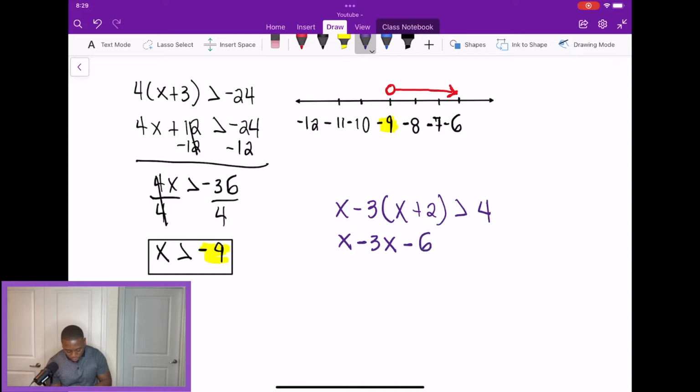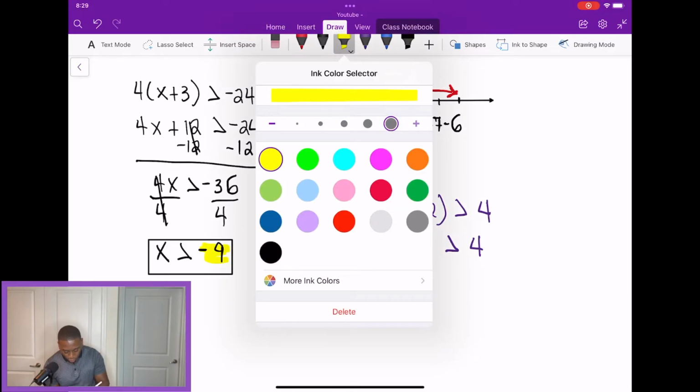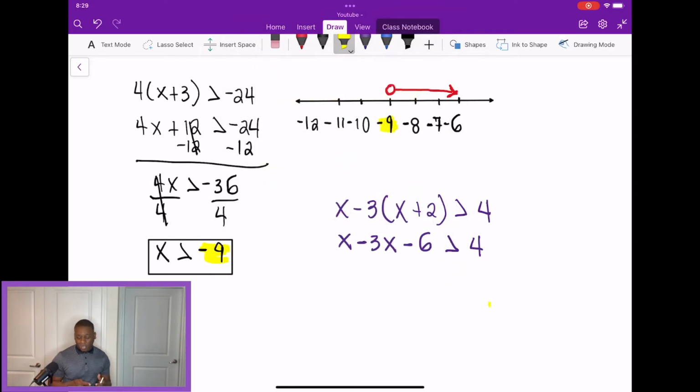So now at this step, we are going to combine our like terms. So when we combine x and negative 3x, that's the same thing as saying 1 minus 3. So once we do that, we're going to get a negative 2x, and I'm going to bring down the rest of our problem. So we have minus 6, and this is greater than 4.